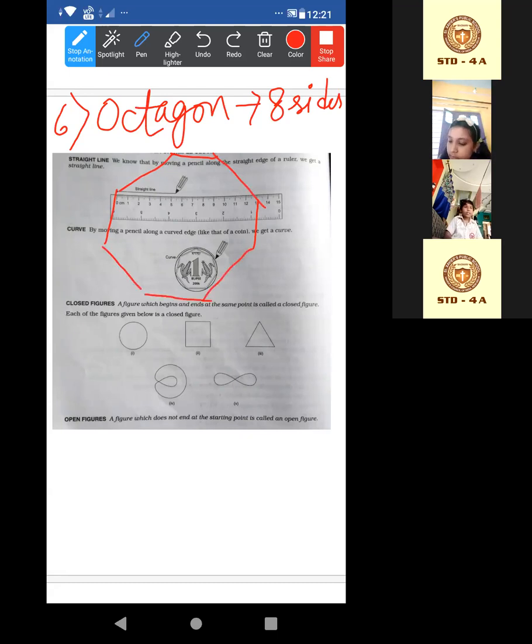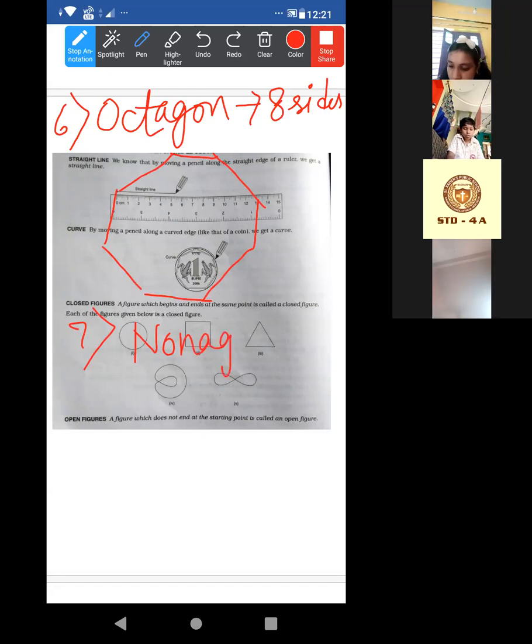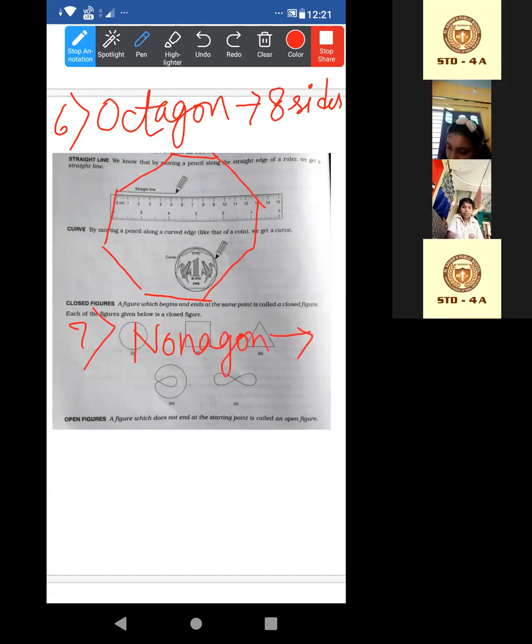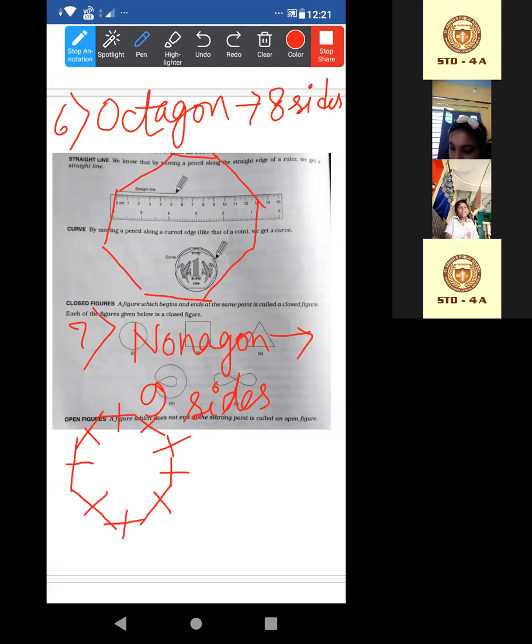Drawn 8 sides. The 7th one, nonagon. That means 9 sides. Look, 9 sides are there: 1, 2, 3, 4, 5, 6, 7, 8, 9. And the 8th one is decagon.